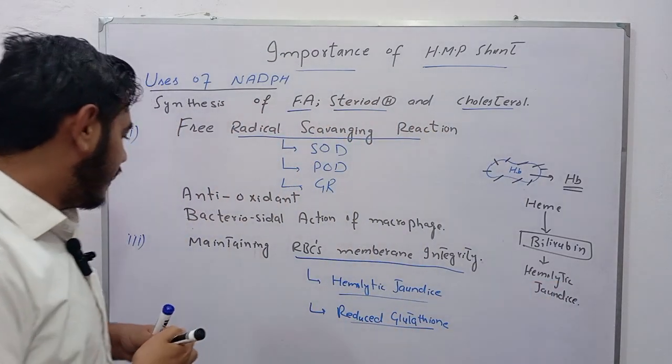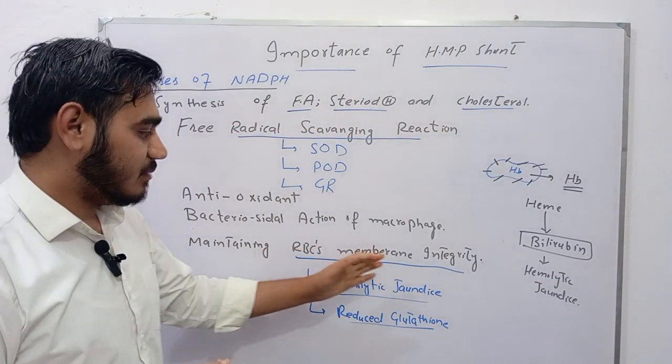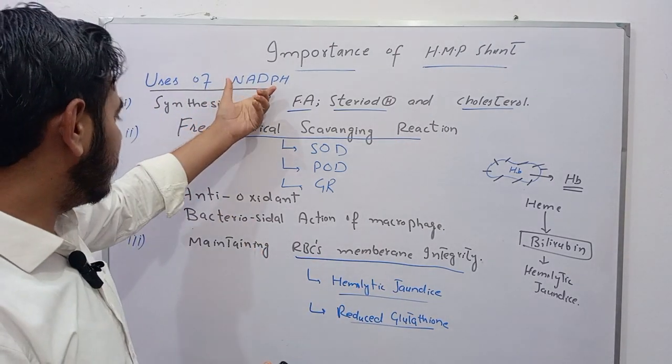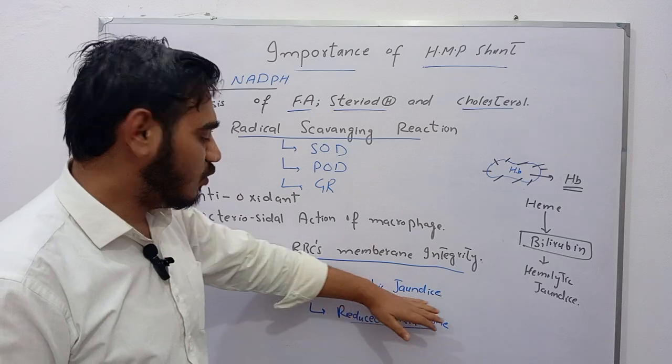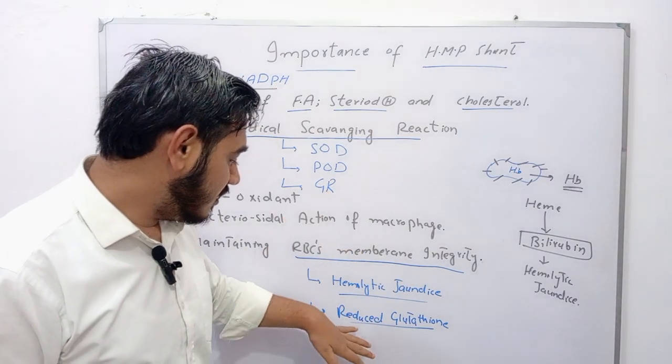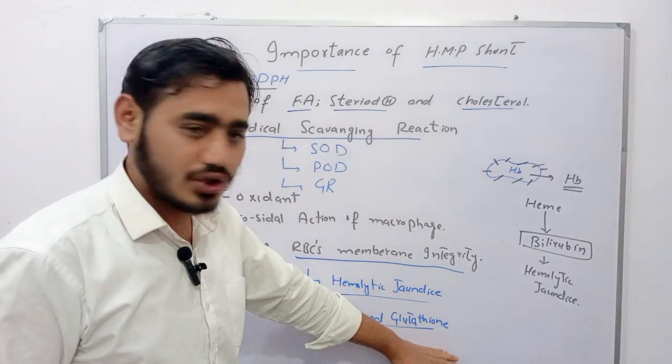So this is the third point. NADPH is responsible for maintaining the integrity of the RBC membrane, and in its absence it is responsible for hemolytic jaundice. It is also responsible for the production of reduced glutathione.